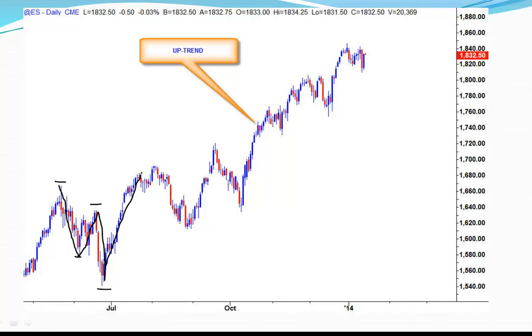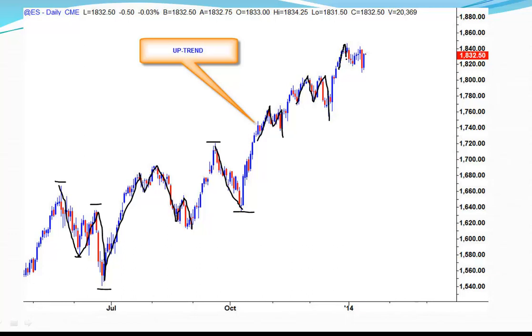Sometimes you see the same process like this, and you're just following the structure of the market. As long as new highs are made on every advance and higher lows on every decline, that's establishing an uptrend. And here are these little complex waves we were looking at right here.